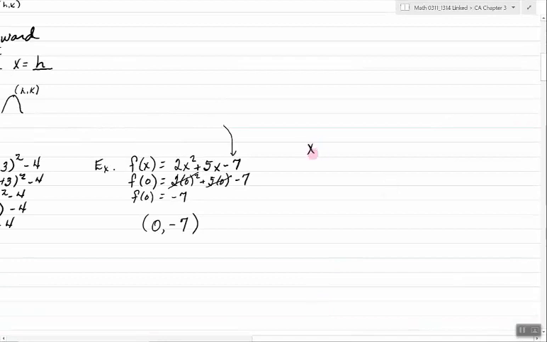When you are looking for x-intercepts, I'm going to do one in general form right now. If you had f of x is equal to x squared plus 2x minus 3, the y-intercept is easy. It is 0, negative 3. The x-intercept means that y is 0.